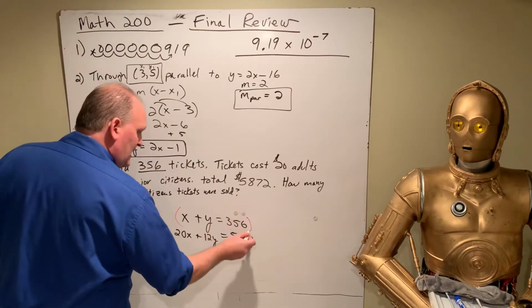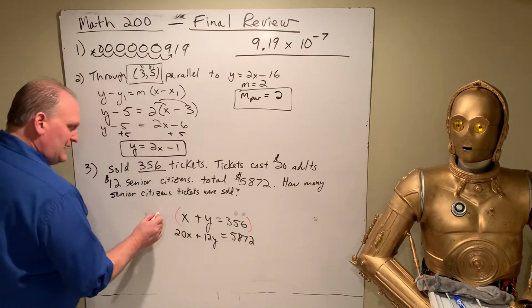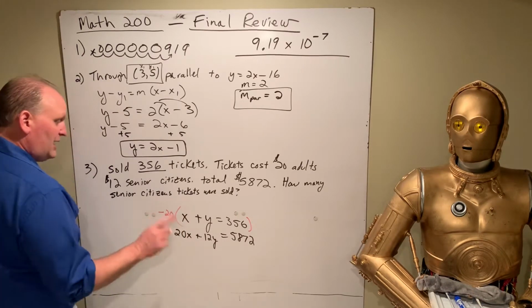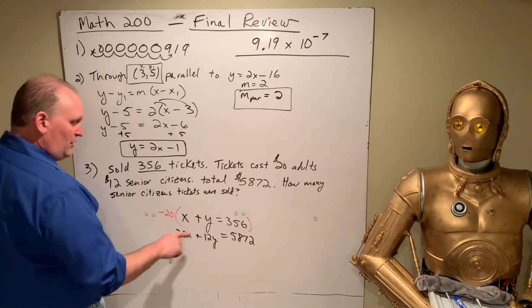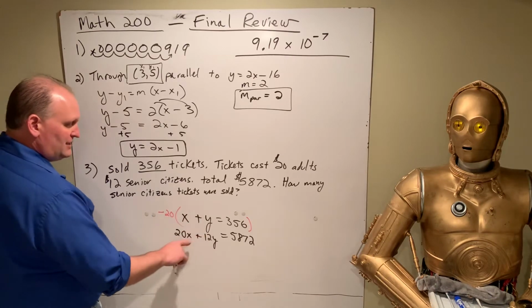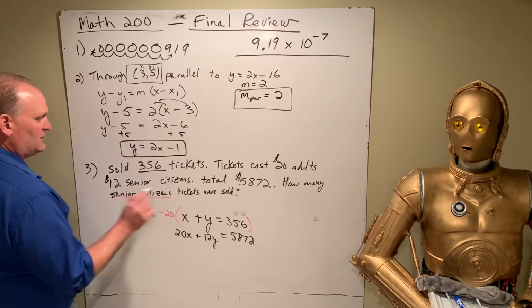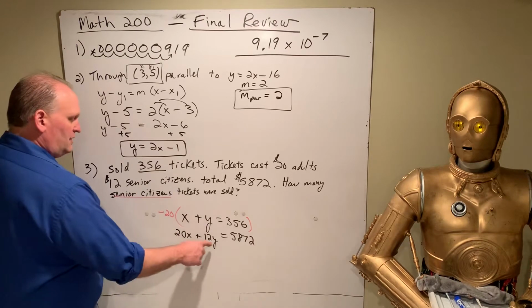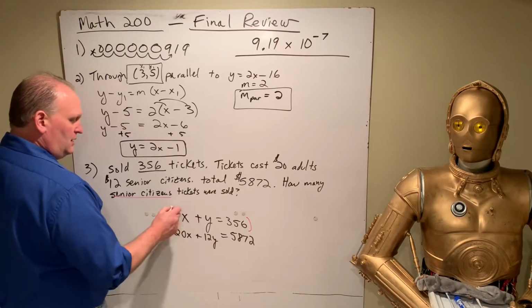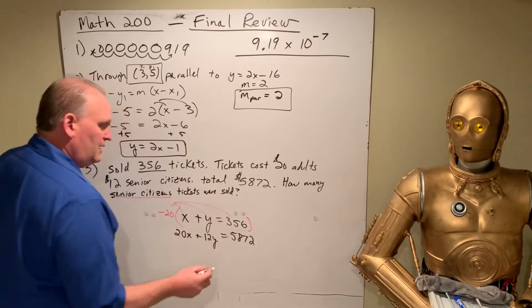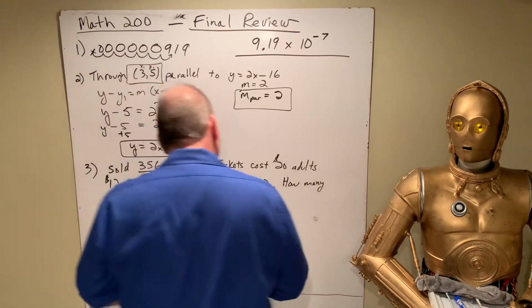So I'm going to multiply everything in this one by negative 20. Because, why am I doing that and not negative 12? I want negative 20 because I want to get rid of the x's. They want senior citizen tickets only. They don't want both. So they want y. So this will get me y pretty quick. All right, so we multiply all that.